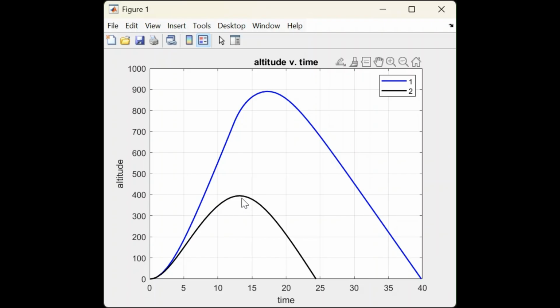So the ascent time to get to apogee would be about 13 seconds versus 17. And that's just because we didn't burn as much propellant here.